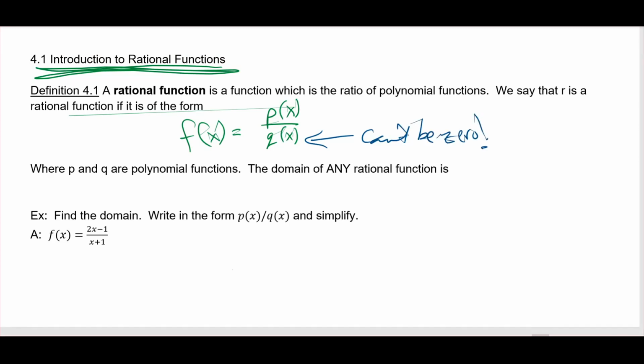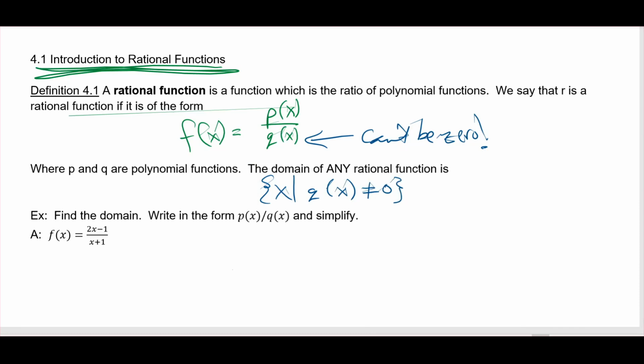Okay, so when we have a domain, our domain is going to be the set of all x values so that we can't have a 0 denominator. So q of x not 0.